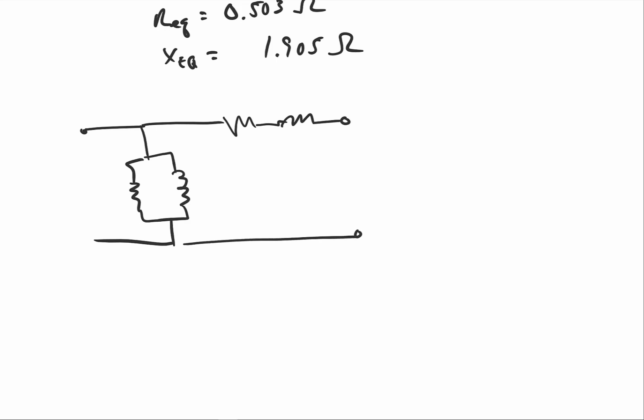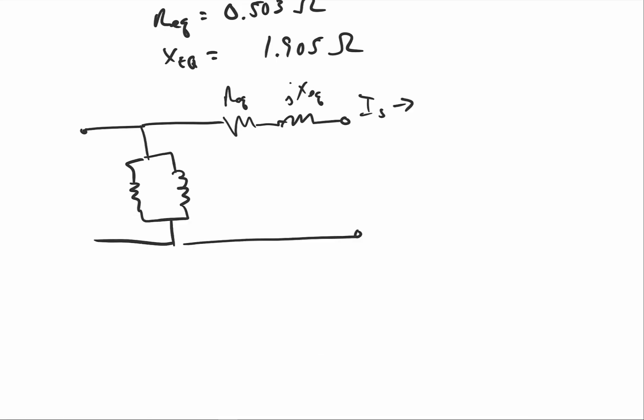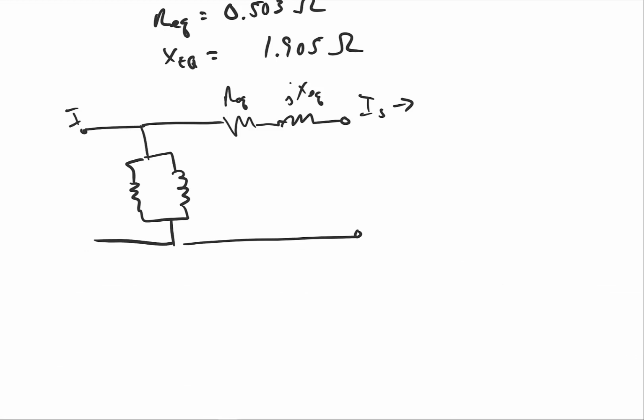Okay, and this is R equivalent, this is jX equivalent, and IS is flowing out in that direction, IP.